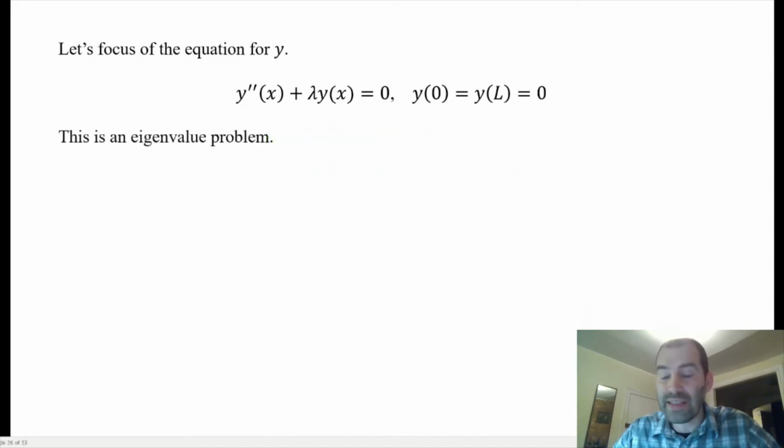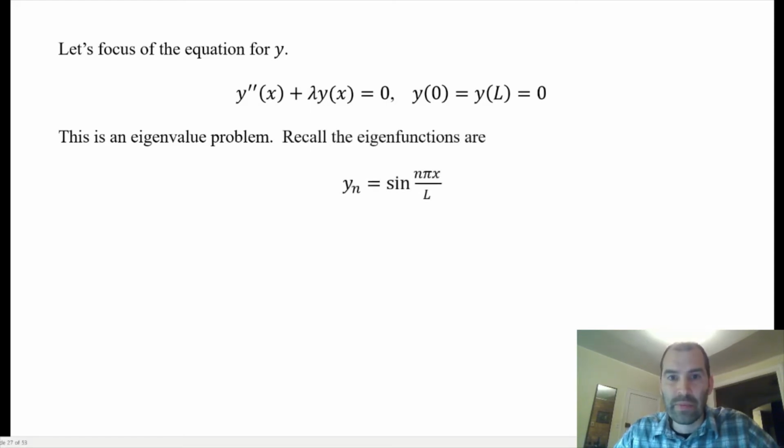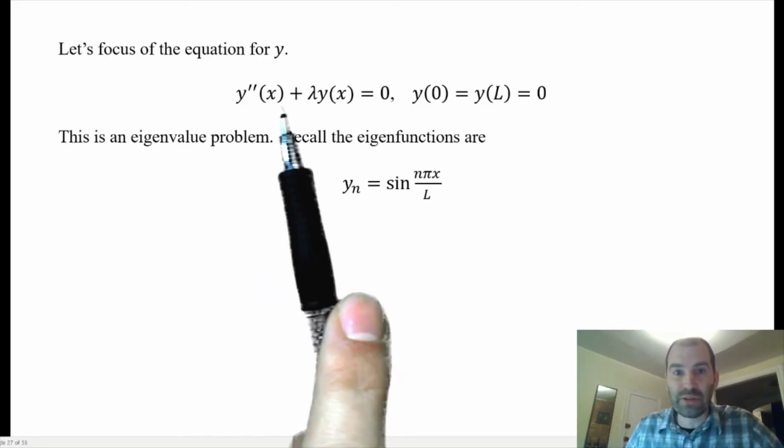Okay, so this is the eigenvalue problem that we talked about several videos ago. So we know exactly how to handle this. Remember that we figured out that the eigenfunctions are these functions right here. These are the solutions to this differential equation.